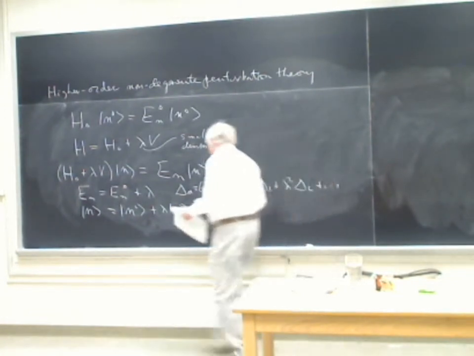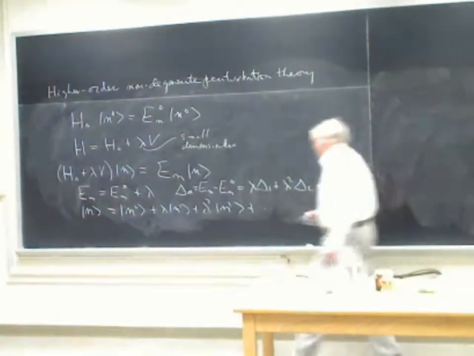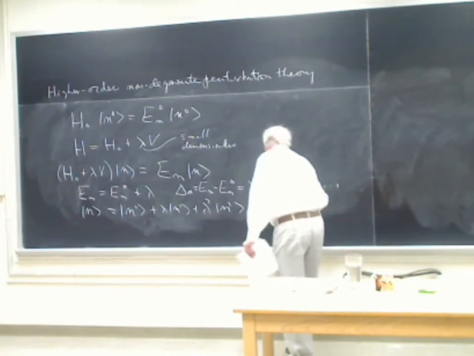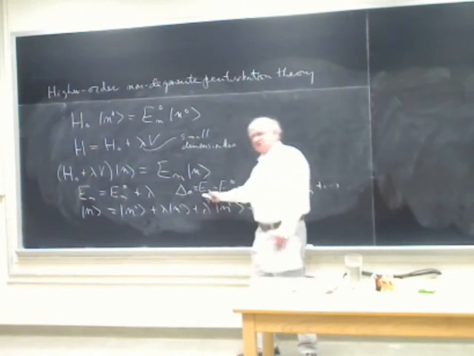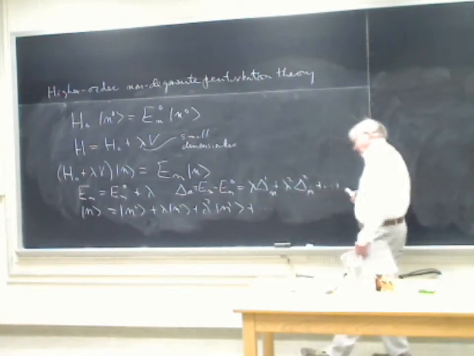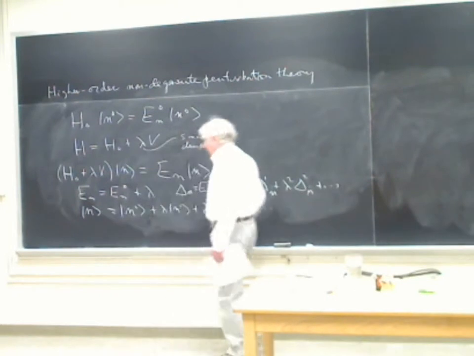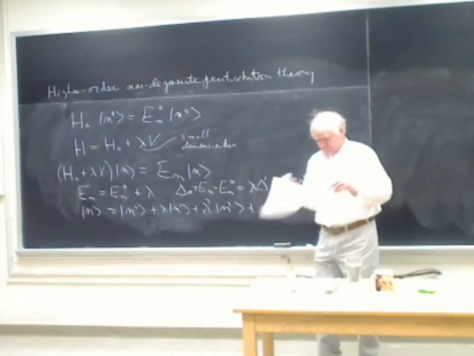Actually, even that's not quite right. They're superscripts: one, two, and so on. So we're going to be looking for the energy shift of the nth level, and we're going to be expanding that as a power series in lambda, and we're going to be expanding the true eigenstate as a power series in lambda. So that's the goal.